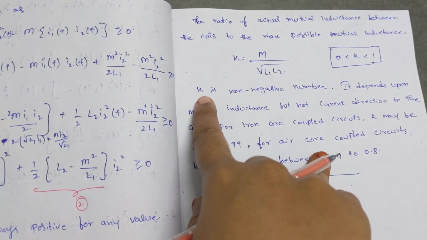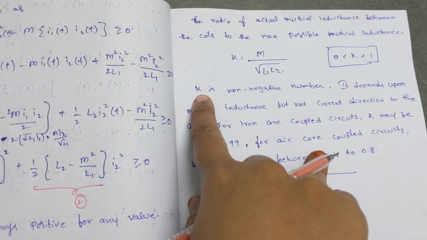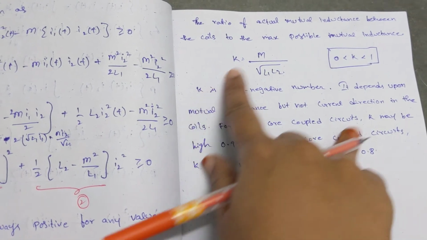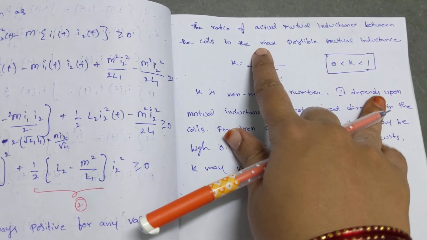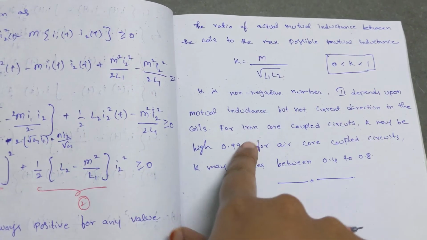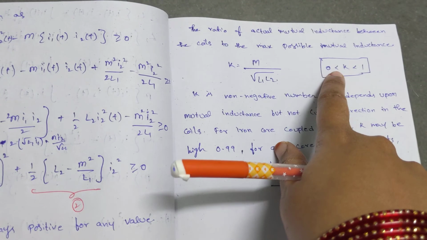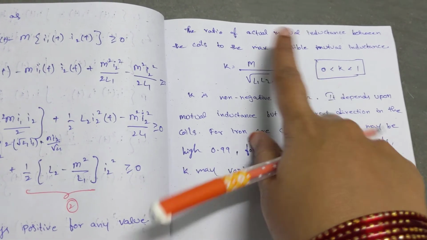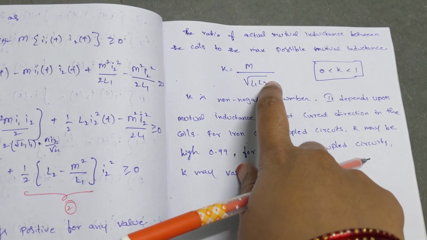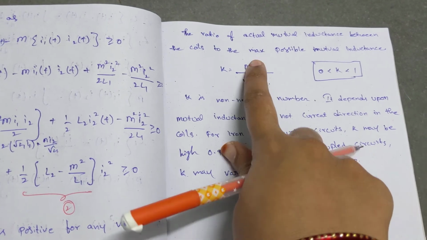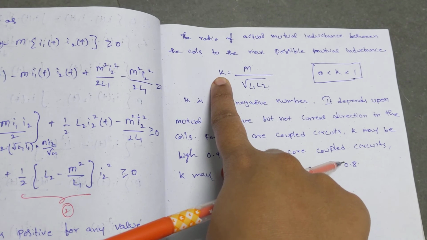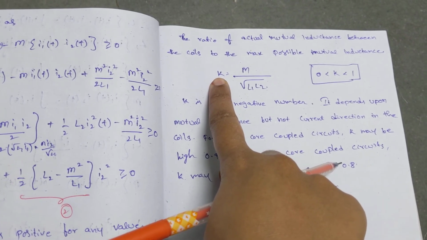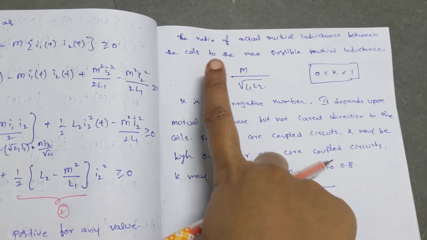Here one thing is clear: your k value is a non-negative number. It depends upon the value of mutual inductance but not your current directions. If M and the square root of L1 L2 are the same, the maximum value of k equals 1, which we term perfect coupling.